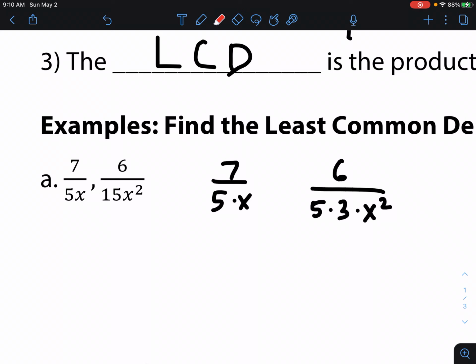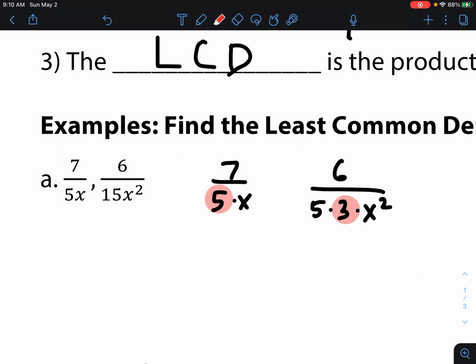All right, so 5, and I'm only going to highlight one 5, and then I'm going to highlight the 3 because it is definitely unique. There's no other 3, right? And then with the x's, instead of taking both of those x's, what I'm going to do is only highlight the one that has the highest exponent. So in this case, it's that one right there.